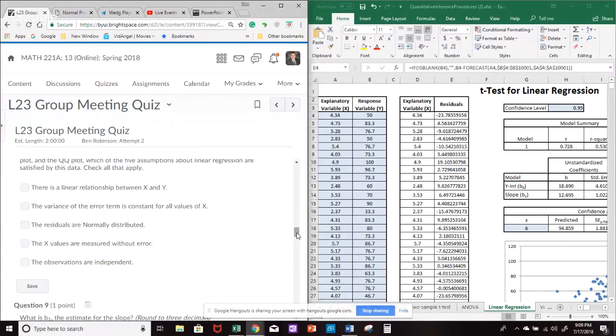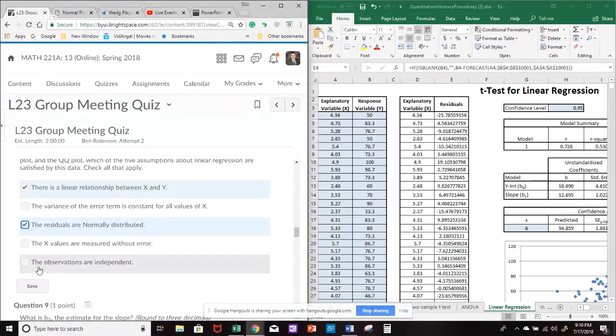Okay, the first one, there is a linear relationship between X and Y. The third one, the residuals are normally distributed. There's one more. Oh, the observations are independent?